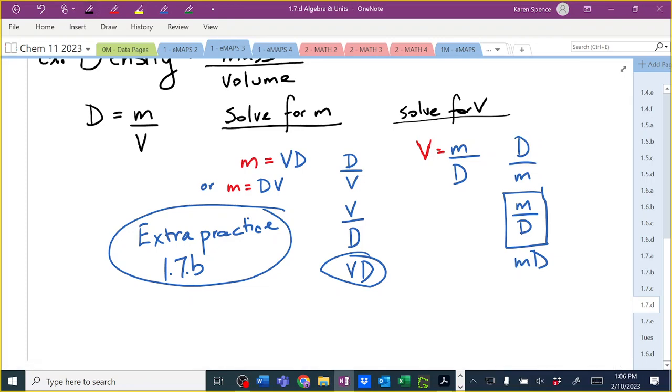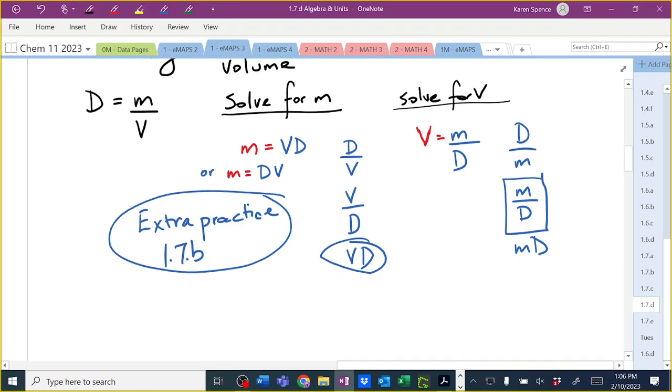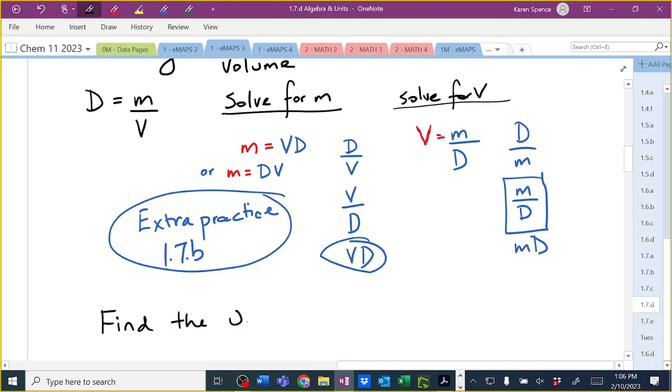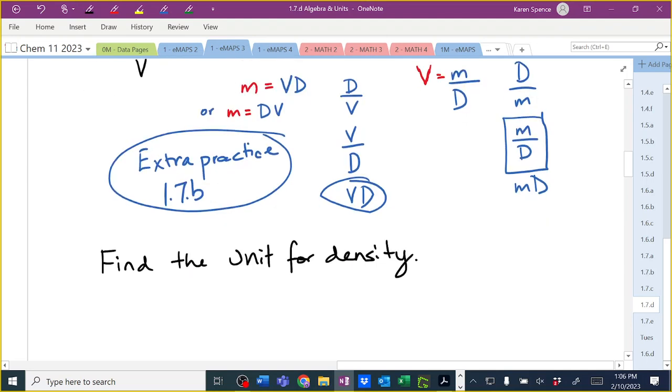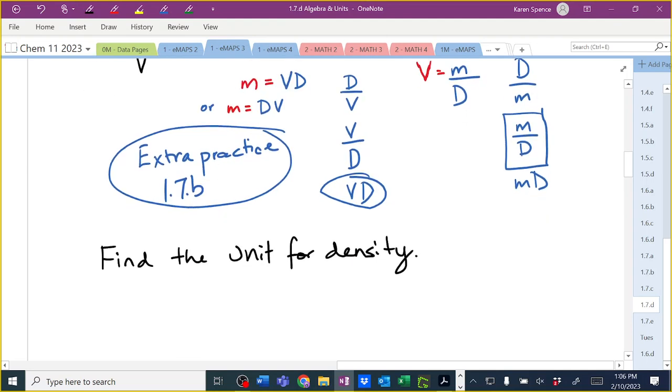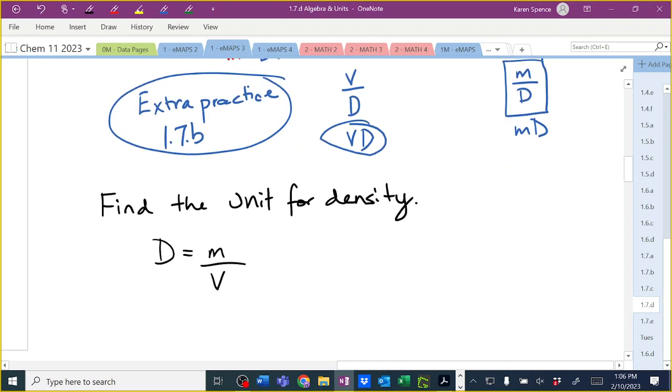But the other part to this is we are going to say, find the unit for density. And in order to do that, we're going to write the formula for density. D equals M over V. So here we have the formula.